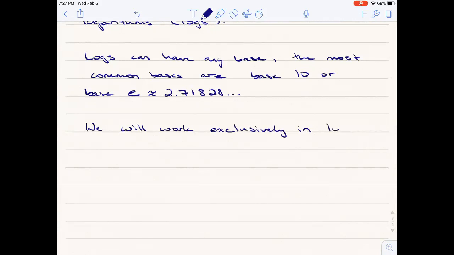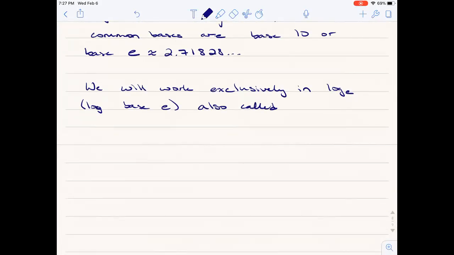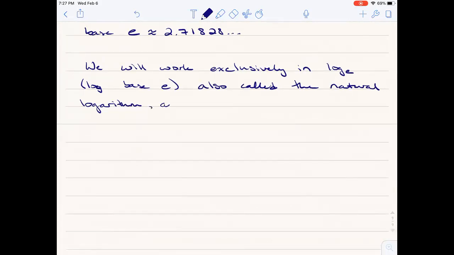Log base e is how you write it: you write log and then subscript e. It's also called the natural logarithm, and denoted by ln.